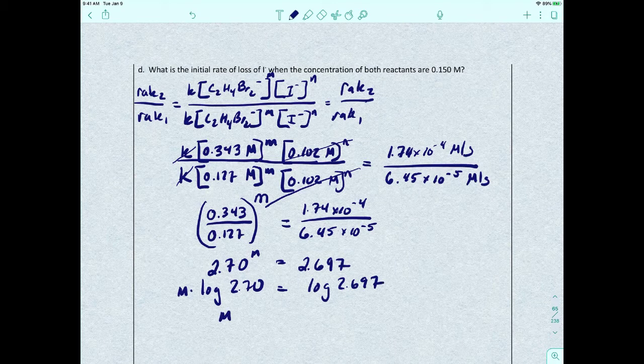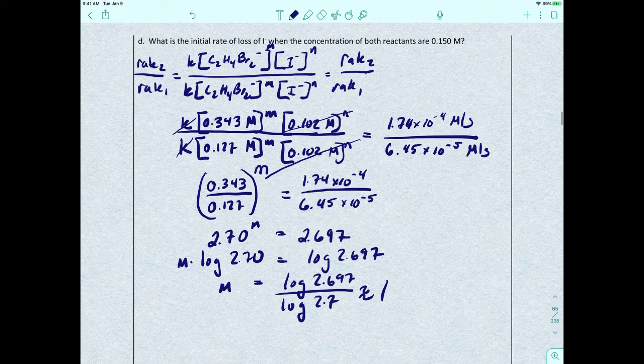So m, if we divide the log of 2.70 from both sides, m would be equal to the log of 2.697 divided by the log of 2.7. That's going to be really close to 1. We want the exponents to be whole numbers if we can help it, and there you go. The exponent for m is going to be 1.